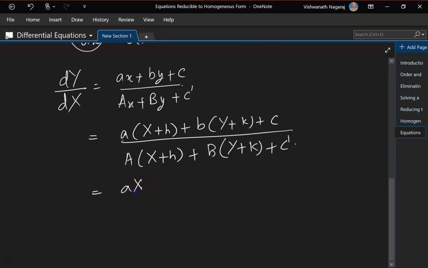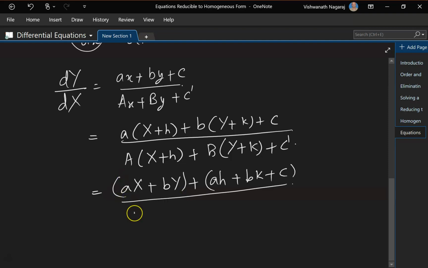Now aX plus bY plus, I'm just parallelly grouping, ah plus bk plus c. So we can group this together and this together. Similarly, AX plus BY plus Ah plus Bk plus C dash.